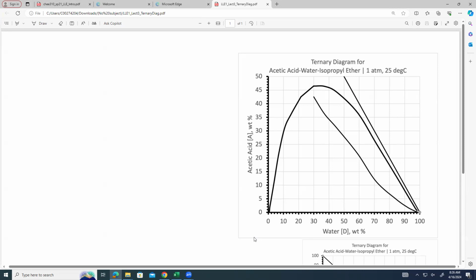A is at 45. And then we just do the mass balance to get our S. So 100 minus 55 would be 45. So that's point W. Point W is very straightforward.